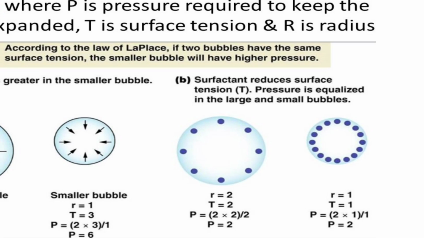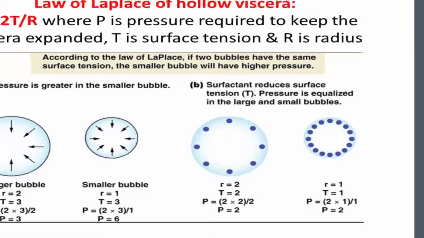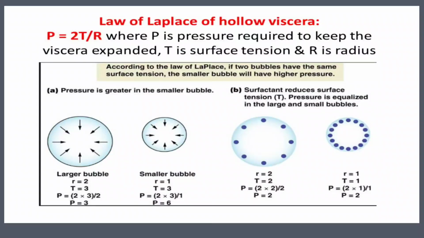So if P is equal to 2T by R, when R is less, T will also be reduced by the increase in density of surfactant per unit area, which will keep the surface tension constant. This is the reason why the smaller alveoli do not collapse while we are expiring or at smaller lung volumes. So by the law of Laplace we can explain it.